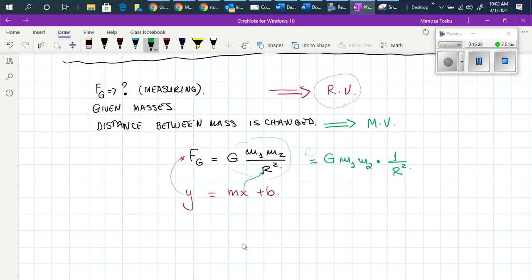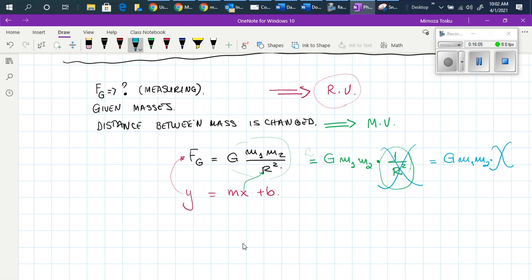Now, if I assign the whole term as a new, modified manipulated variable, then I have a relationship G m1 m2 times my modified manipulated variable.